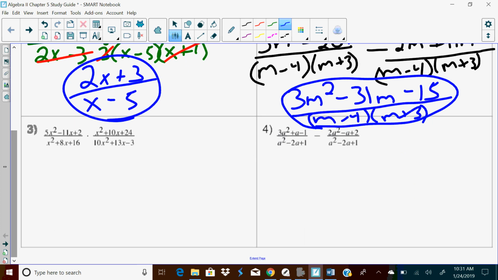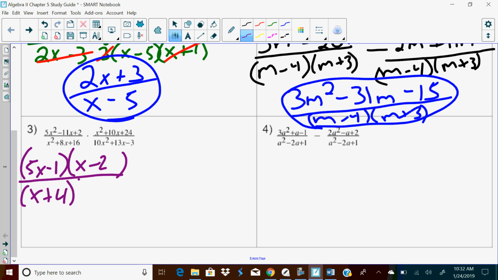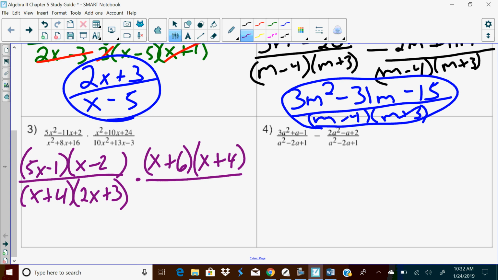Problem number 3, I'm going to factor it and then see if I can cancel anything out. So for the top, I factor it to 5x minus 1 times x minus 2 over x plus 4, 2x plus 3 times x plus 6, x plus 4 over 2x plus 3.